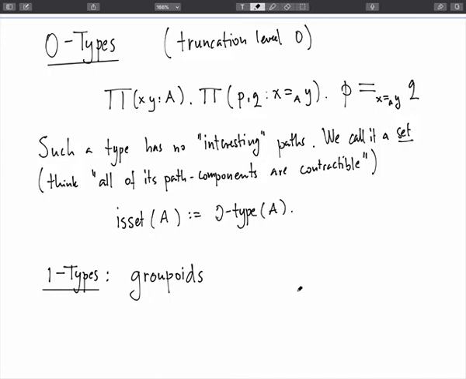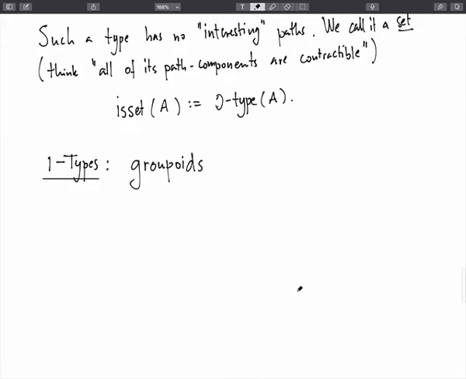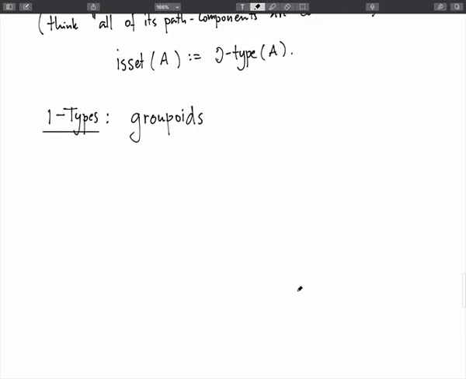And this goes on, and then people run out of names. Then they call them two groupoids and things like that. But it's just better to start calling them n types at that point. Okay, so now let's go back and consider, is this number 3?